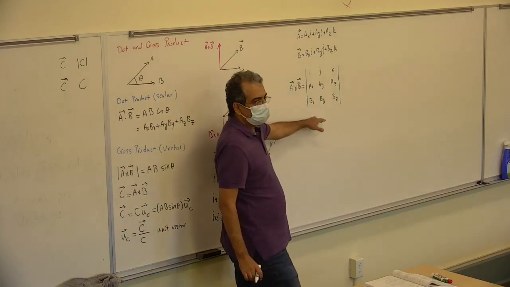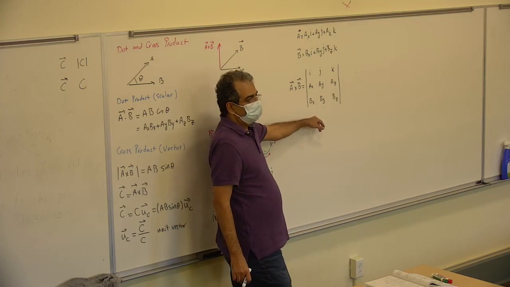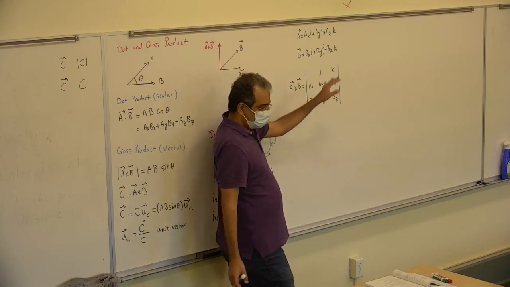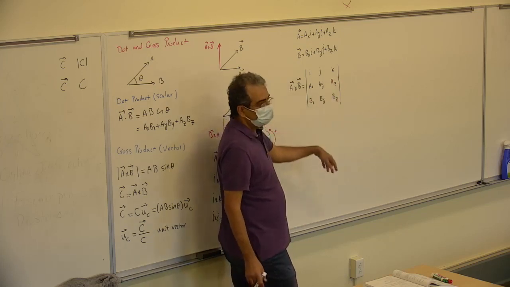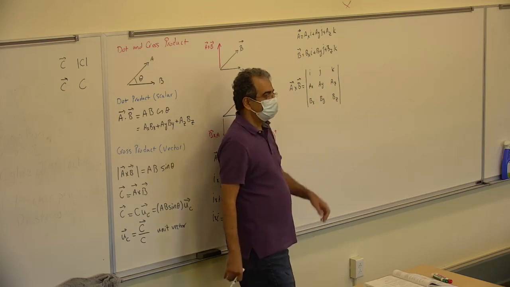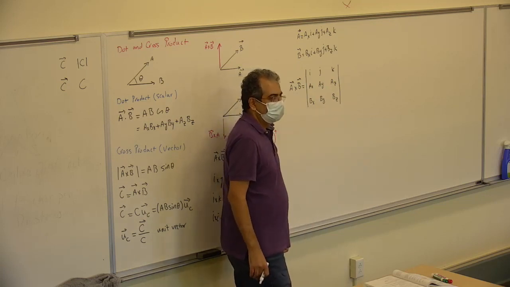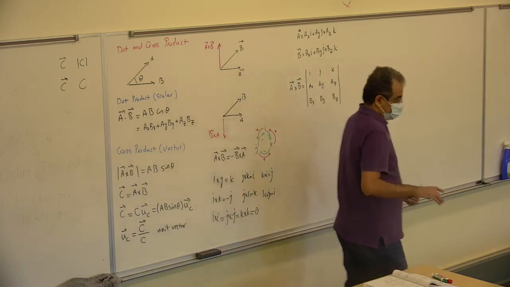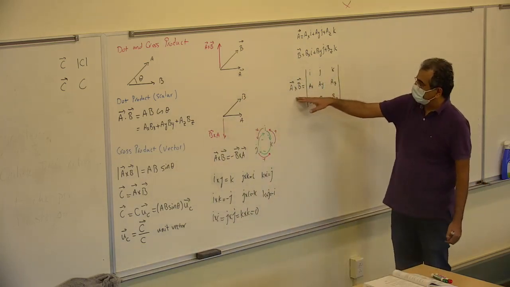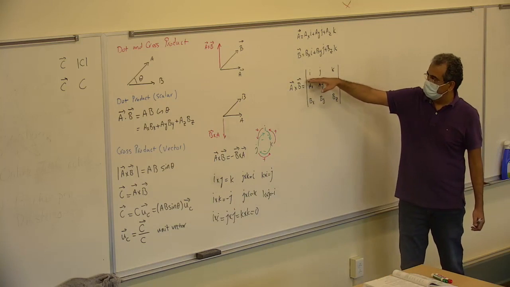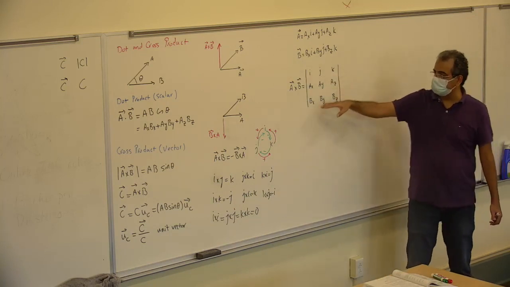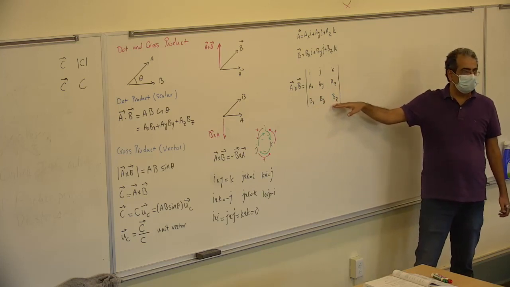We have a determinant from before, so I'm just going to put how you calculate it, or you can just plug it into your calculator. For A cross B, the first line is i, j, k, the second line is the components of the first vector, and the third line is the components of the second vector.